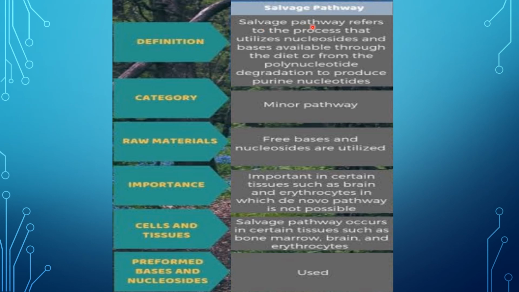Salvage pathway refers to the process that utilizes nucleosides and nitrogenous bases that are available through the diet or from polynucleotide degradation, meaning degradation of DNA and RNA, to produce purine nucleotides.